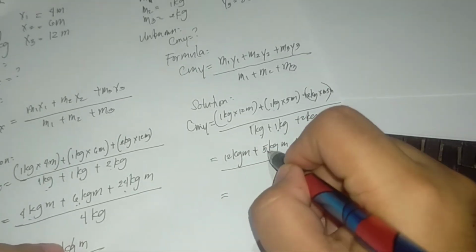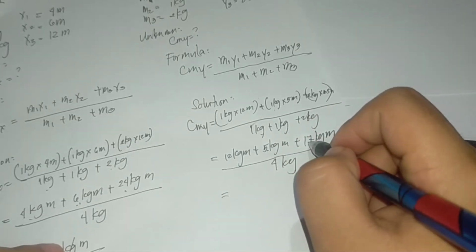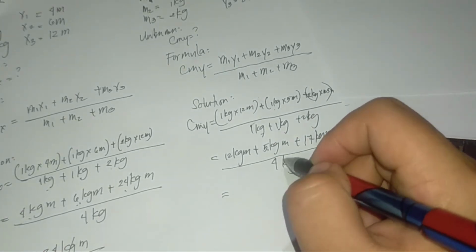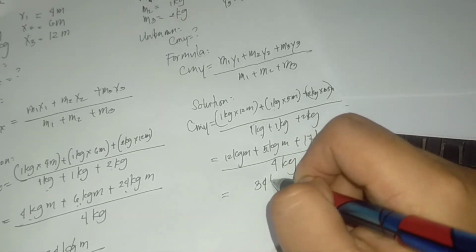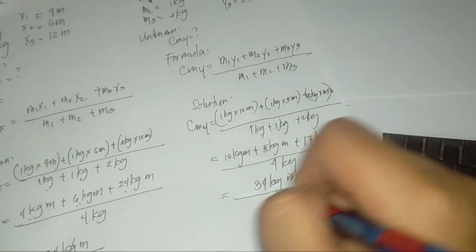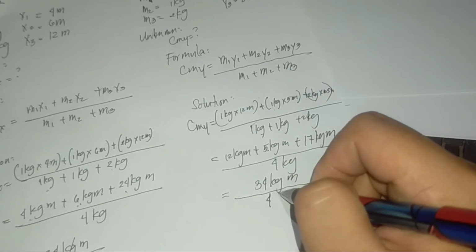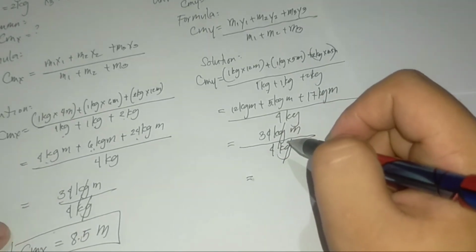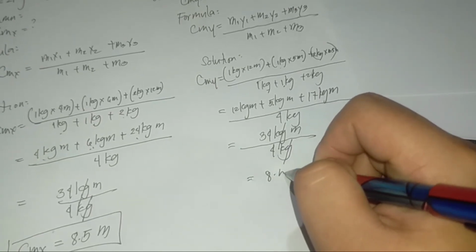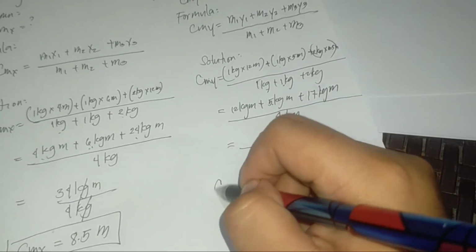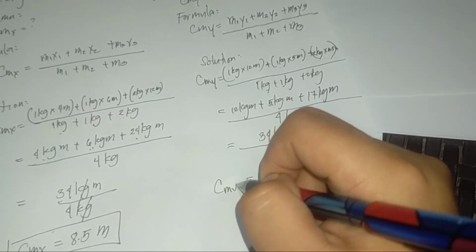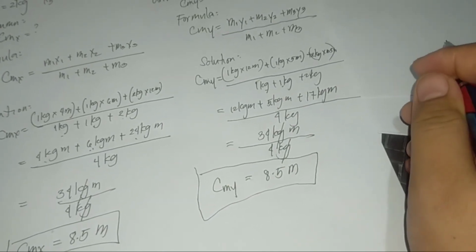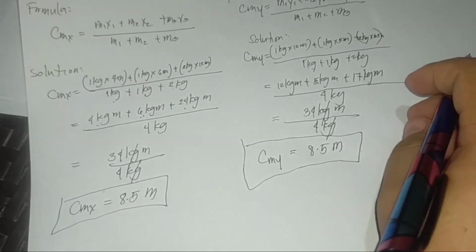So 12 plus 5, 17 plus 17, this will be 34 kilogram meter divided by 4 kilogram. So cancel kilogram, kilogram. This will be equivalent to 8.5 meters. So CMy is equivalent to 8.5 meters.